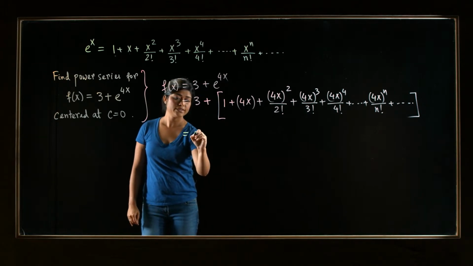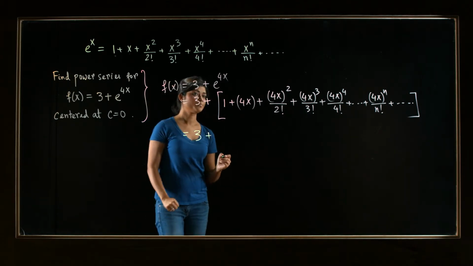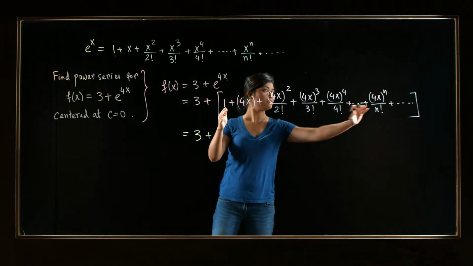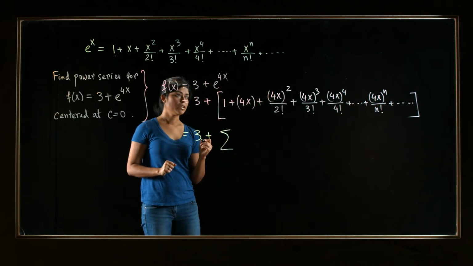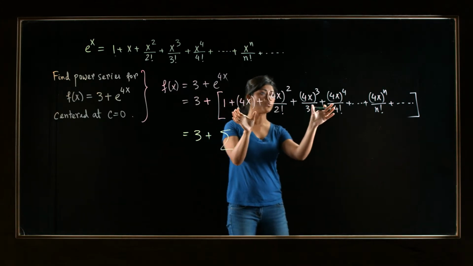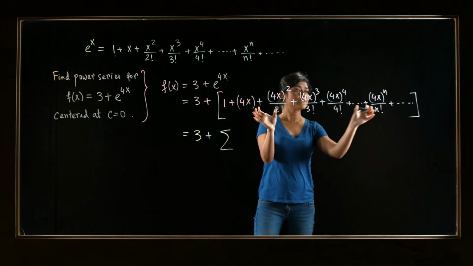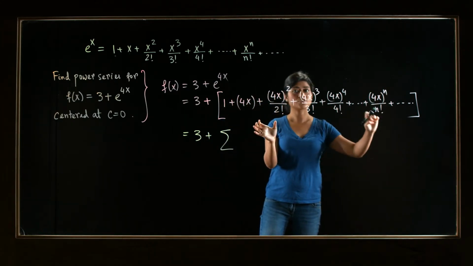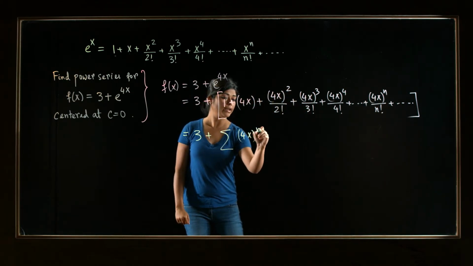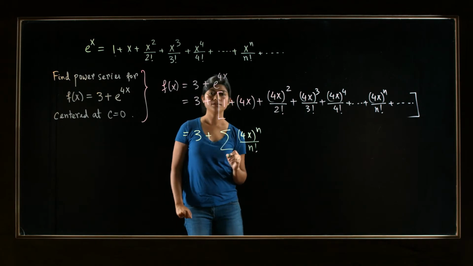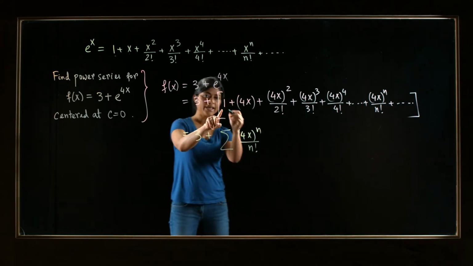So let's rewrite this. This is 3 plus, and notice that this entire series, you can write down using sigma notation, and you don't have to even think about what the nth term is because the nth term is right here. You just take that expression, (4x) to the power n over n factorial, and then see what value n will start at.